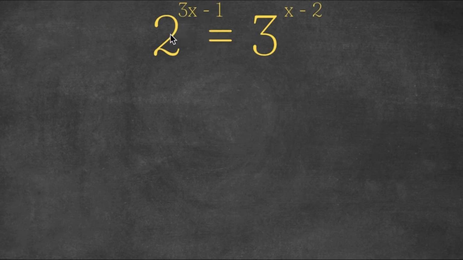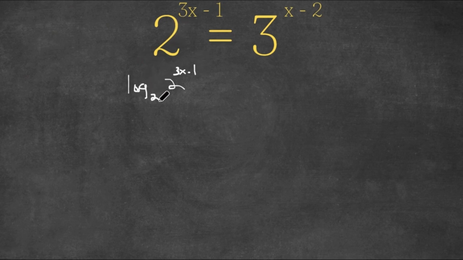Well, what we're going to do first is we're going to take the log subscript 2 of 2 to the power of 3x minus 1. And we're doing this because remember, the log is the inverse of an exponent.